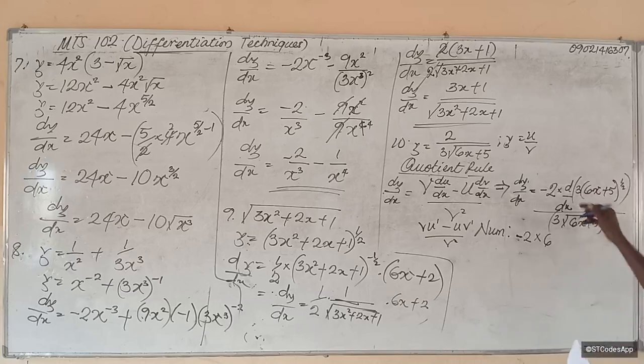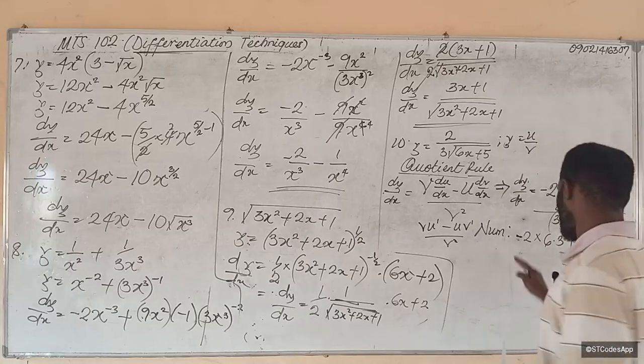Then multiplied by this 3, then we'll now differentiate the outside function. The outside function will be 1 over 2, so multiply by 1 over 2, then times this function again, 6x plus 5, then we'll now subtract 1, that will be minus 1 over 2. Is it clear? So here's my numerator.